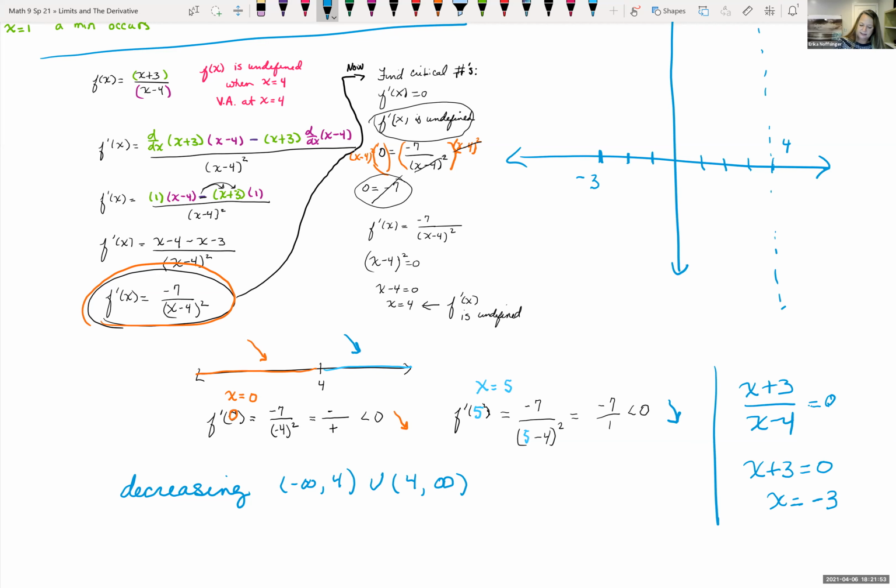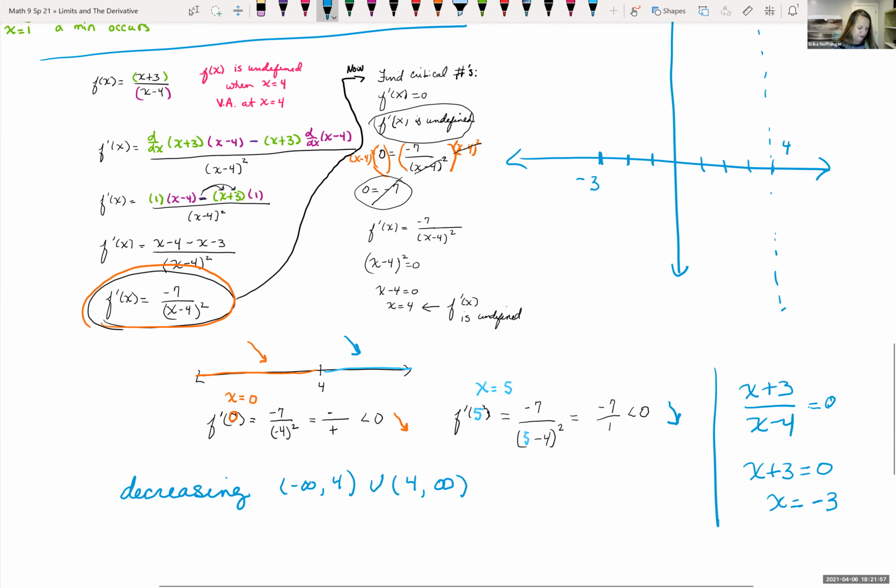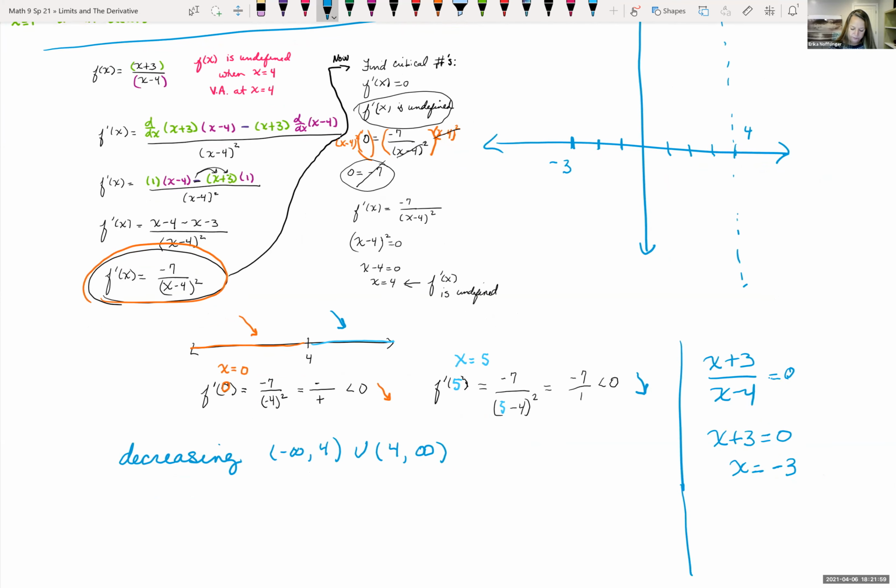this x-axis. I could figure out where my y-intercept is by looking at f of 0. So looking at f of 0, plug in 0 wherever you see an x here, we get 3 all over -4. So at -3/4. So let's say that this is -1.